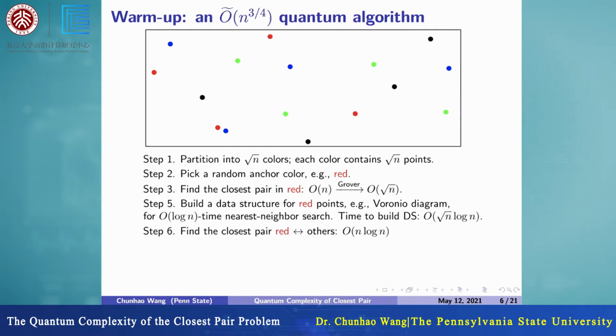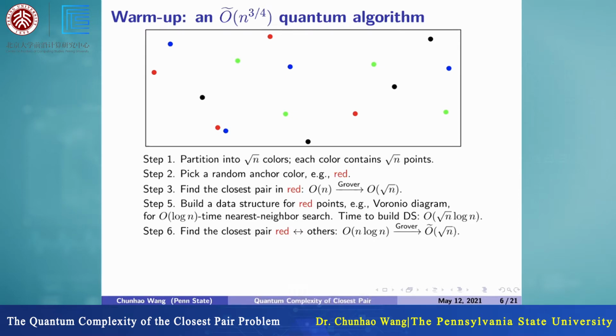Because of this data structure, finding a closest pair between red and other colors takes n log n time, because there are n other points and each query takes log n time. So this is the cost for this step, n log n.